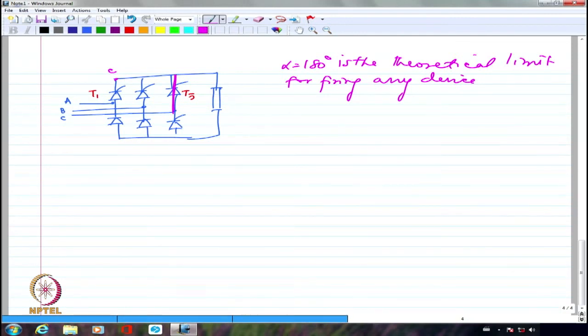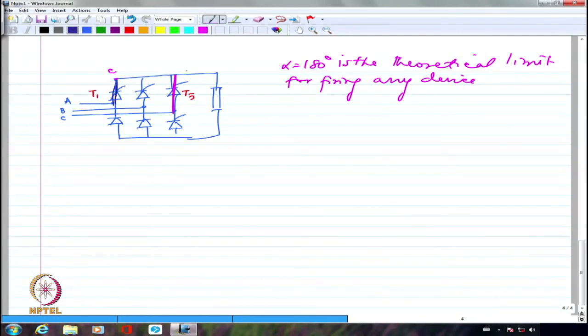But this is assuming that the forward voltage drop is 0. If the forward voltage drop happens to be 2 volts, 3 volts, then I can't go until 180 degrees. I have to push it a little ahead, maybe 179, 176 degrees, because I need at least that much voltage across the device so that it is having some forward biasing voltage across it, right? This is one thing. Second thing is, the moment this gets into conduction, this becomes a short circuit.